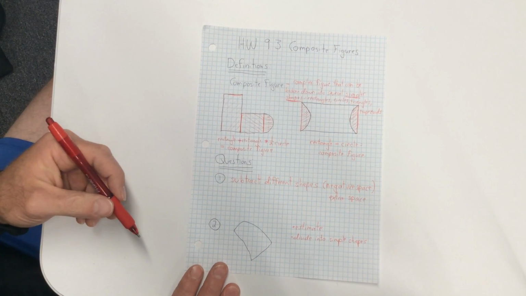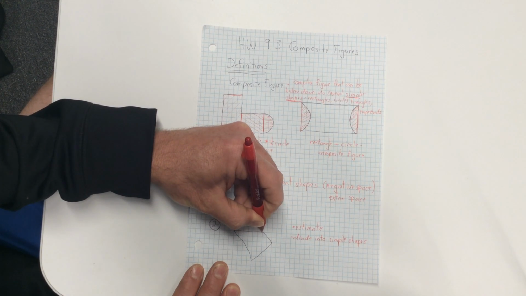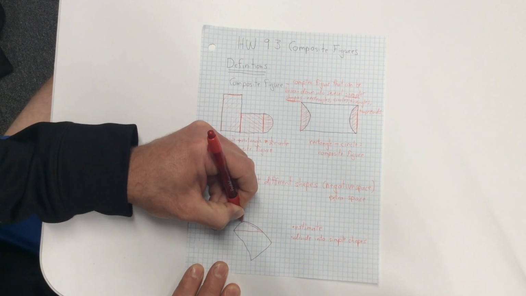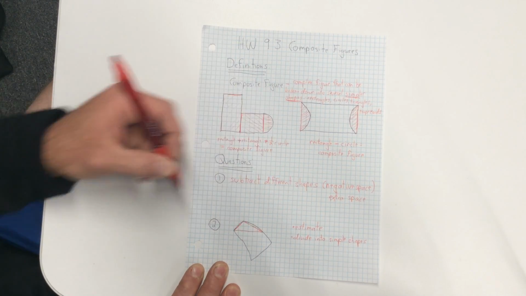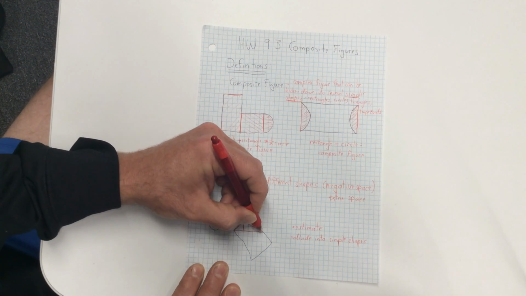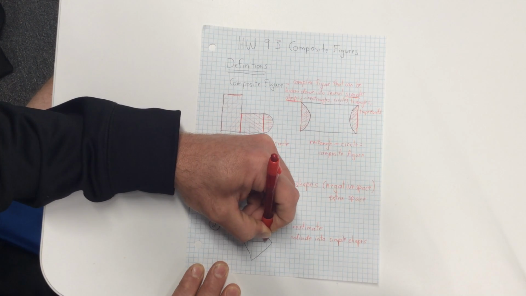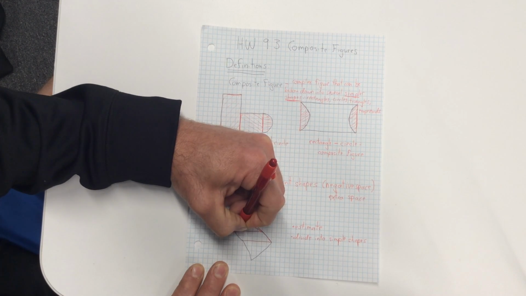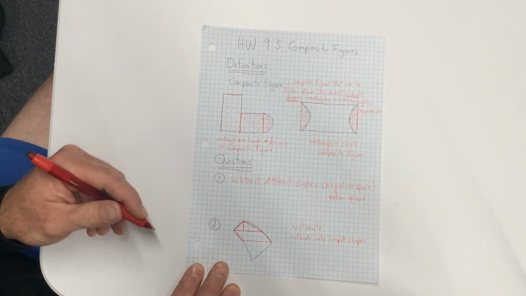So if I had something like this that I tried to approximate out of one of the problems in the book, I'd probably go ahead and look at, well, I basically have a triangle here. Okay, and you can see it's not going to be perfect. In fact, it's going to be an underestimate. But I can quickly find the height and the length of this triangle. Then I've got a parallelogram here, and that's just base times height.